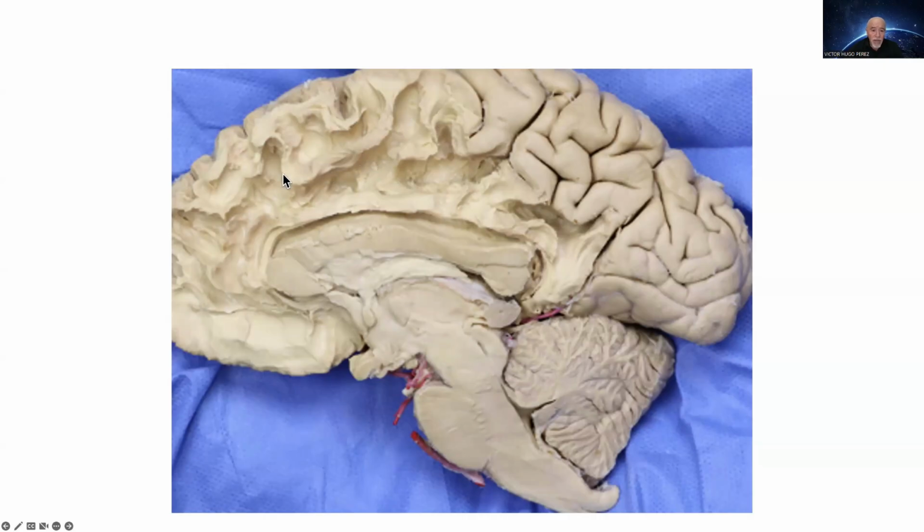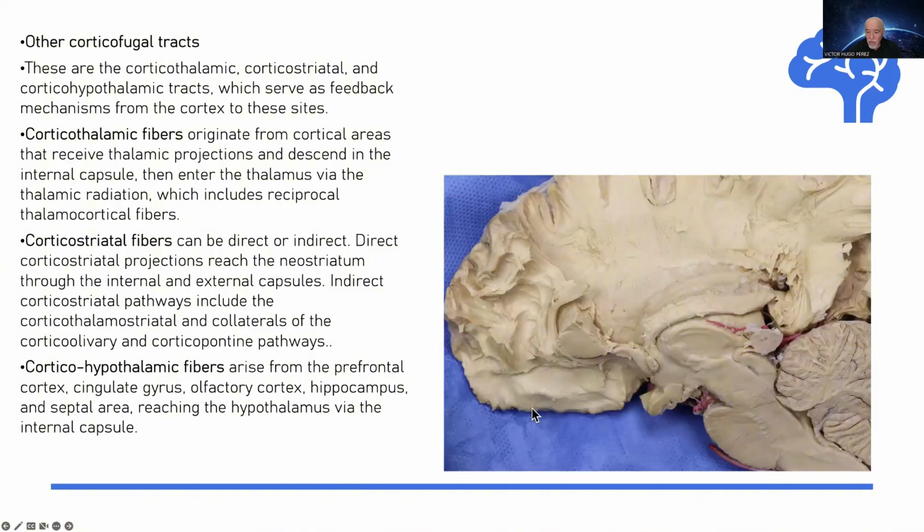Here we have the dissection. I removed the gray substance, and then I'm going to show you in the next. So we can see here the cingulum, we can see the caudate nuclei, and also the fornix. So here we have the pineal gland, the midbrain, the thalamus, midbrain, and pons.